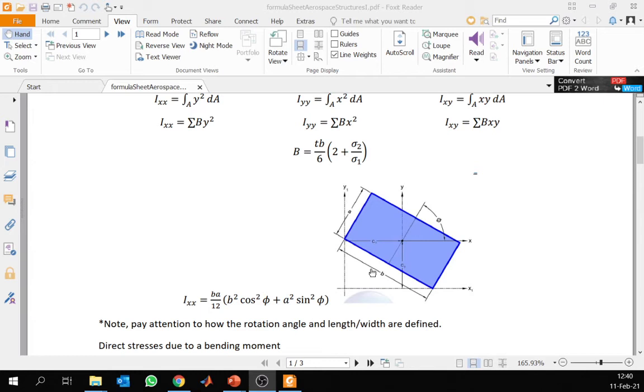Yeah, so I'm having a hard time understanding the integral. So you start off with your normal integral, right? Which is the integral of, in this case, y squared dA, right? Yeah. So what does the dA part stand for?